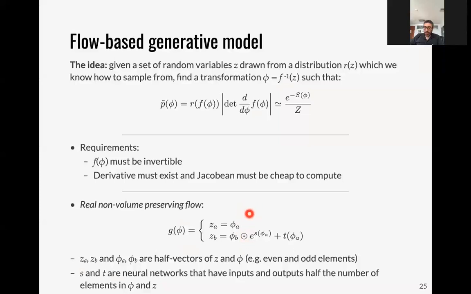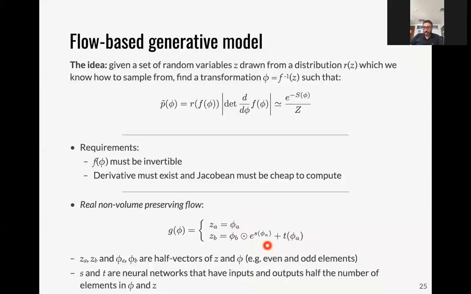Either you take the even sides to be phi A and the odd sides to be phi B, or the upper half of the vector to be phi A and the bottom half to be phi B. It doesn't really matter in the general case.